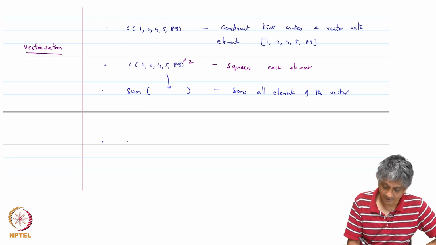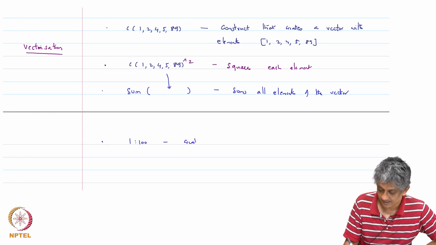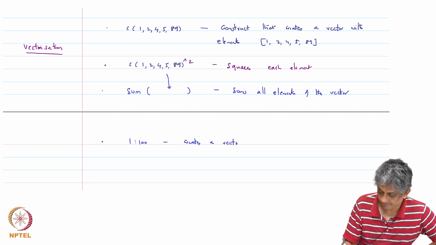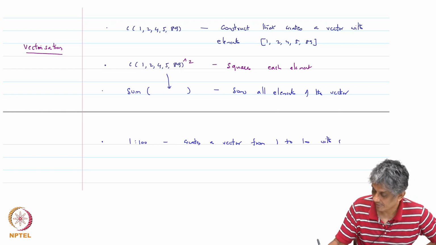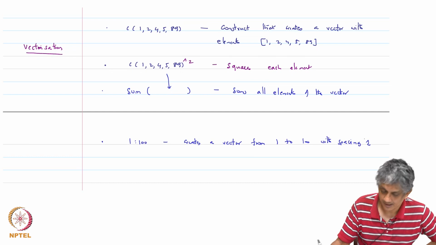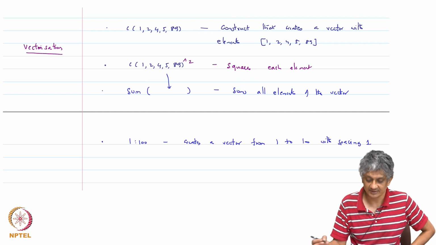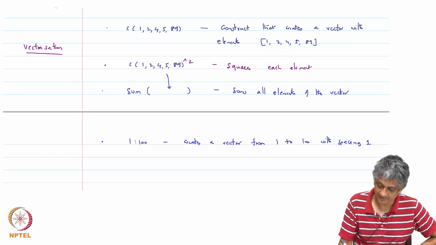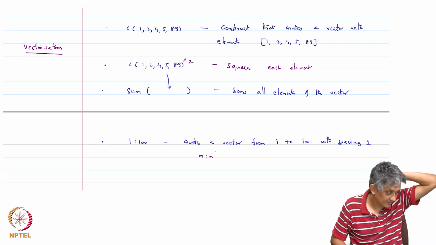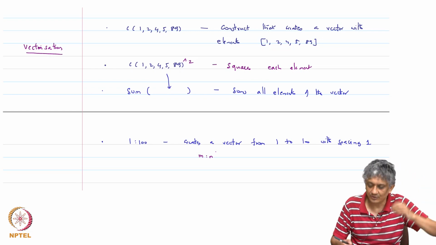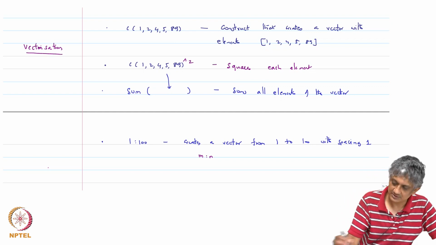To do it automatically, we also said that we could use 1:100, which creates a vector from 1 to 100 with spacing 1: 1, 2, 3, 4, 5, 6, 7, 8. You could also use m:n, which creates a vector of integers from m to n. You can also assign variables to the vectors. It's useful to do that. Let's just do that. Let's do variables. Let's come down here.